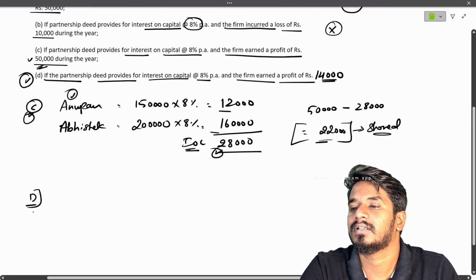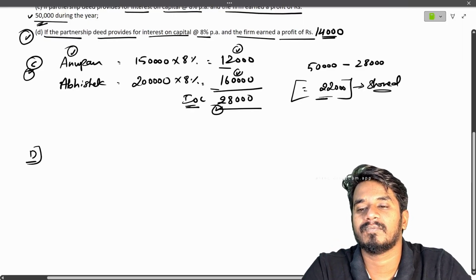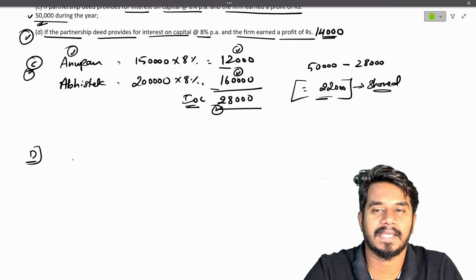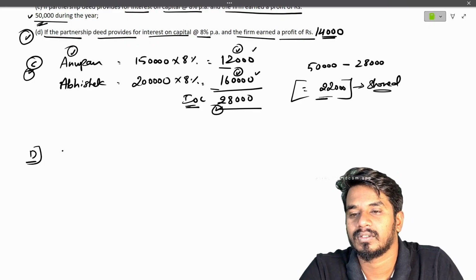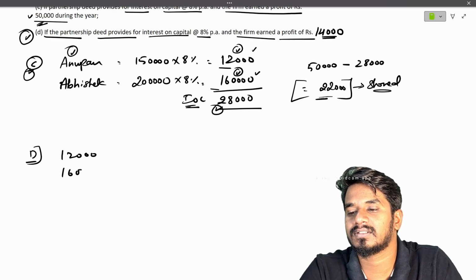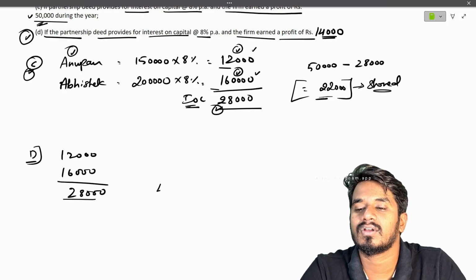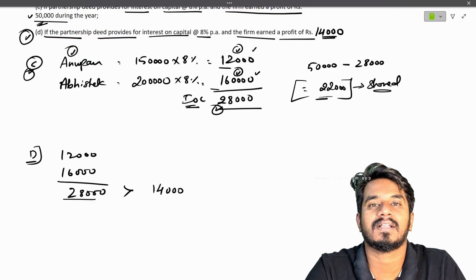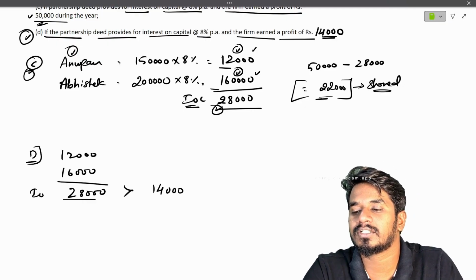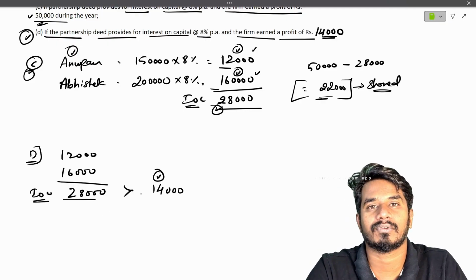D. What is the interest on capital the firm needs to pay? If it is 8%, obviously the same 12,000 and 16,000 they have to pay. That is a total of 28,000. But the profit is only 14,000. So what we have to pay is more than the profit. Interest on capital we need to pay is 28,000, but the profit is only 14,000.